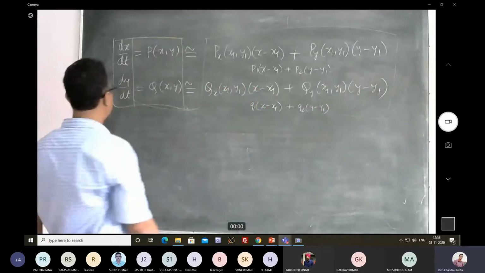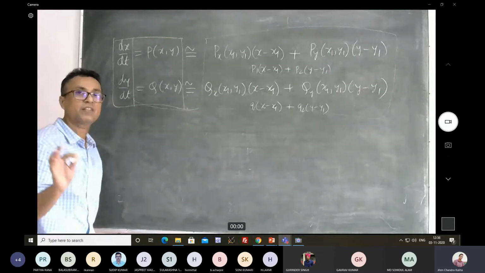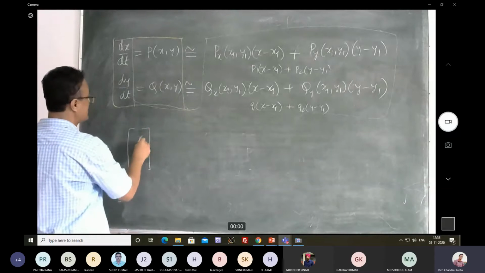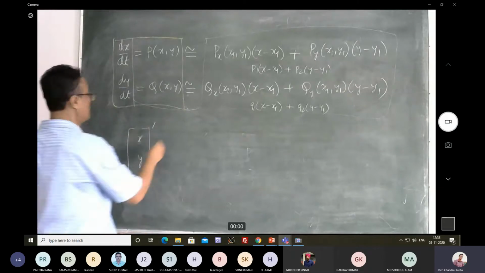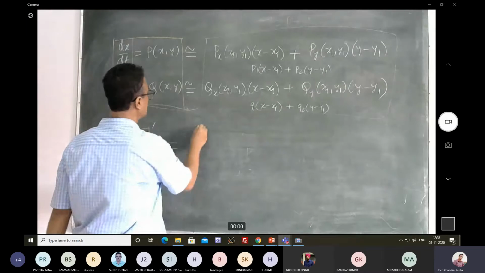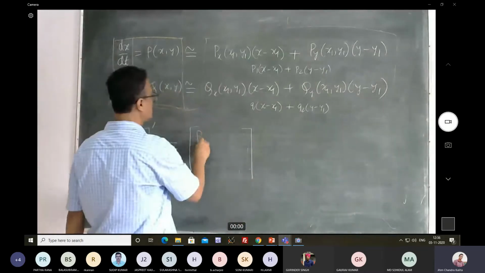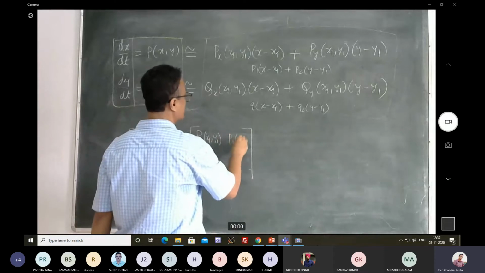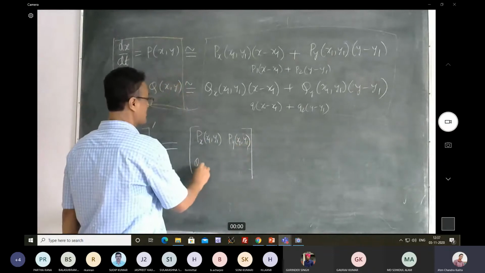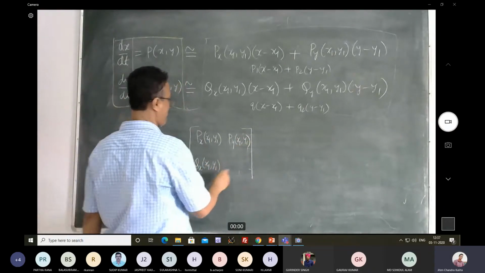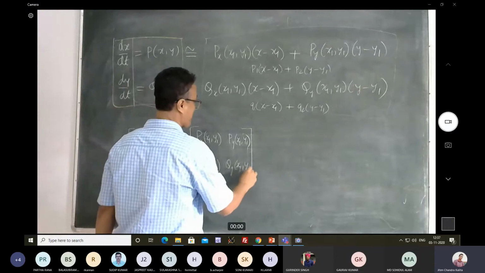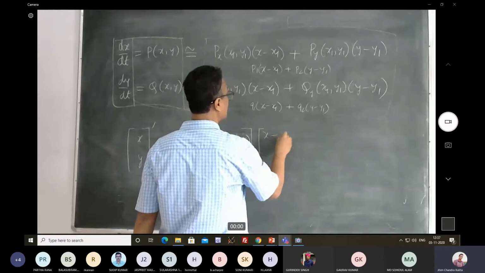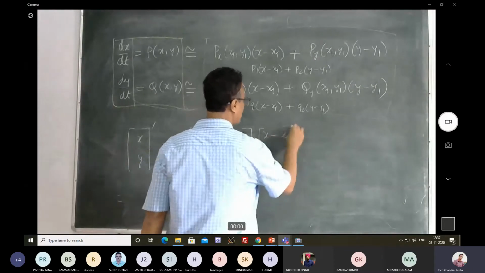Okay, fine. So that means the equivalent linearized system in matrix equation, I can write as, say, (x, y) prime equal to the matrix with entries p_x(x1, y1), p_y(x1, y1), q_x, q_y, times (x minus x1, y minus y1).